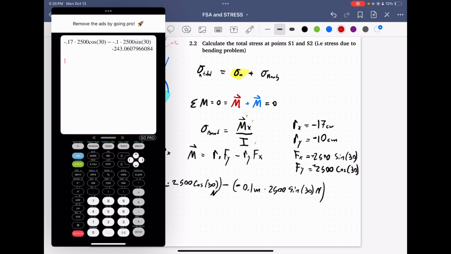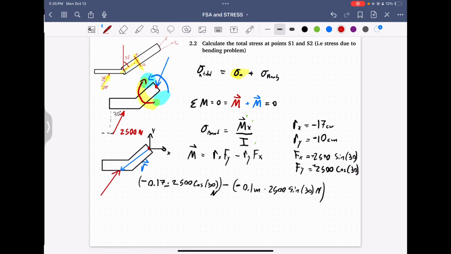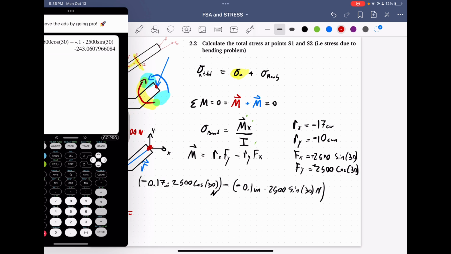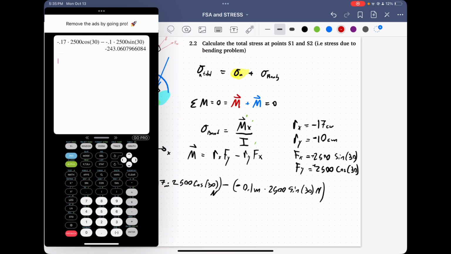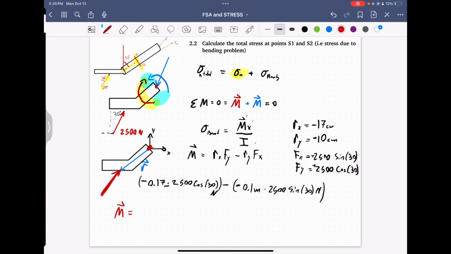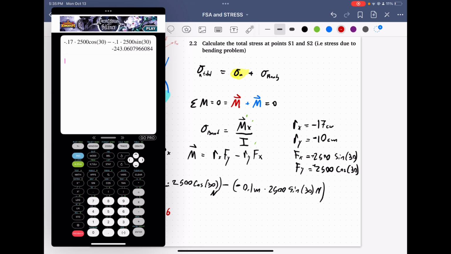So this is again looking at this force here and the moment it's going to cause about this rotation. So we know that's solving for M. And we saw that was 243.06. Just double check, 243.